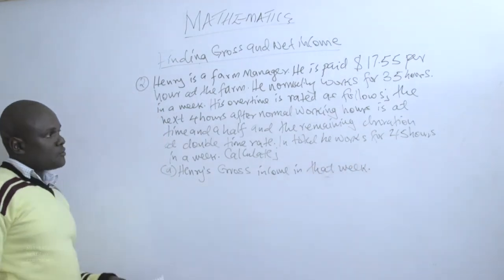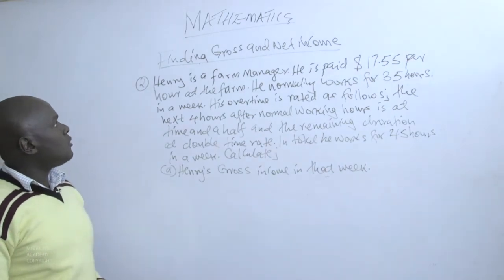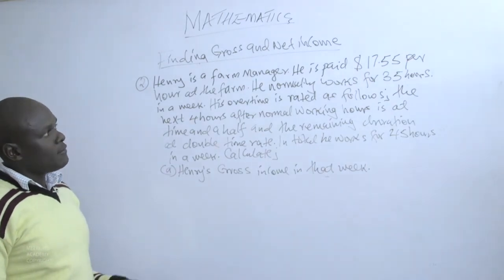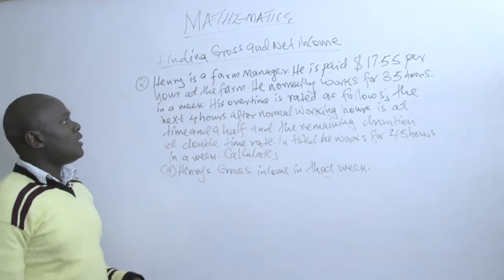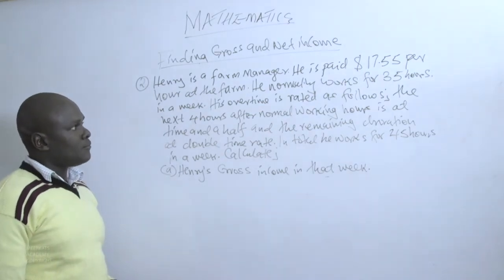That is the first question. We have a person called Henry who is a farm manager. He is paid at a rate of $17.55 per hour at that particular farm.